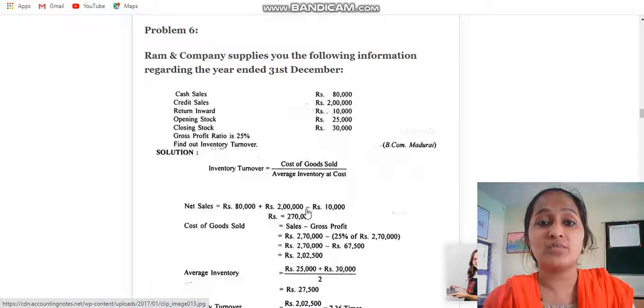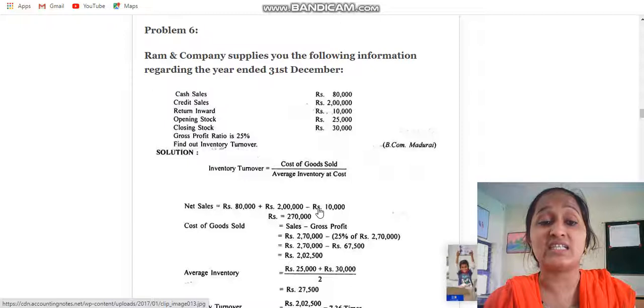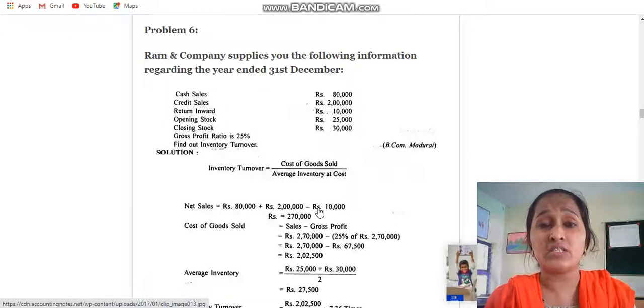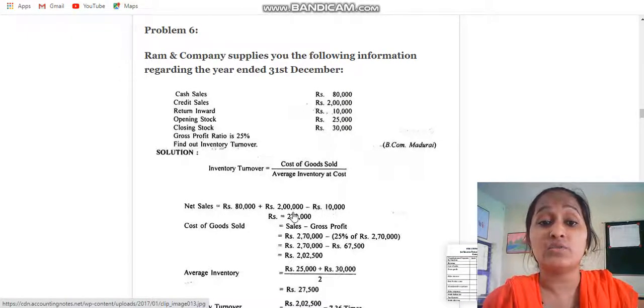Then you do minus the 10,000, that is sales return, return inward, which is given as 10,000. After the deduction, you get the final figure of 2,70,000. That 2,70,000 is net sales, which we will take for the calculation.